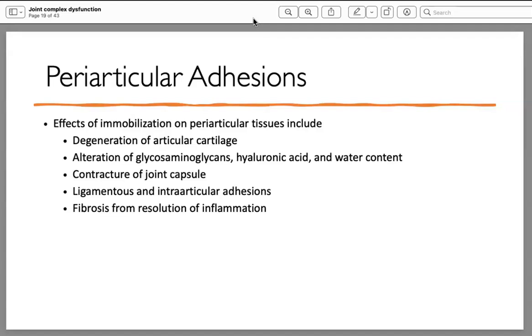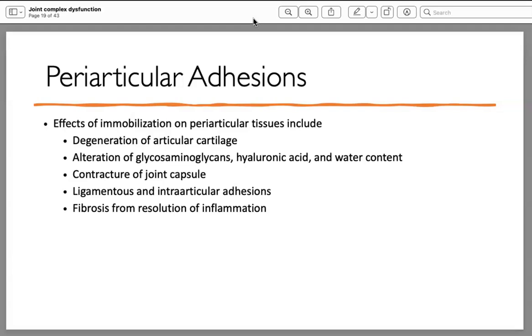So if you've had any injuries to those surrounding areas, sprains, strains, and even fibrosis from a resolution of inflammation, fibrotic scar tissue buildup over time without being manipulated or flushed out, broken down, can lead to joint dysfunction as well.